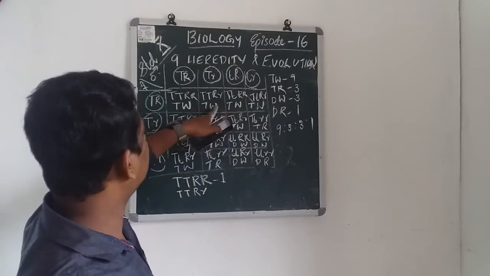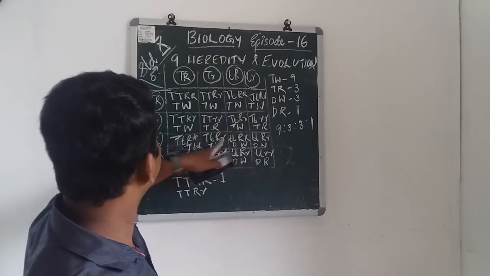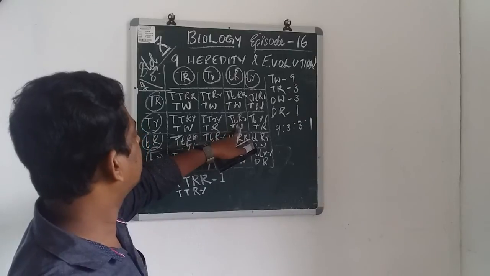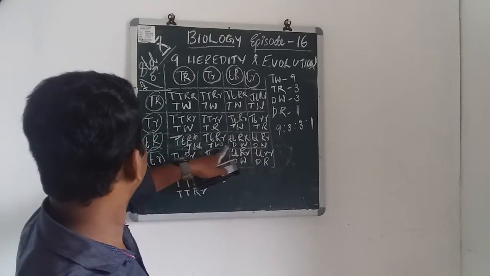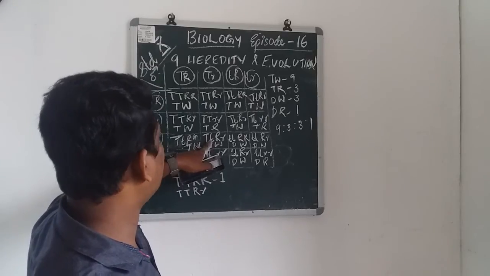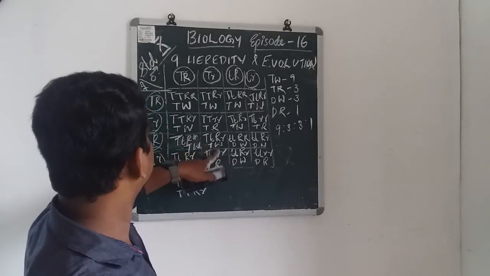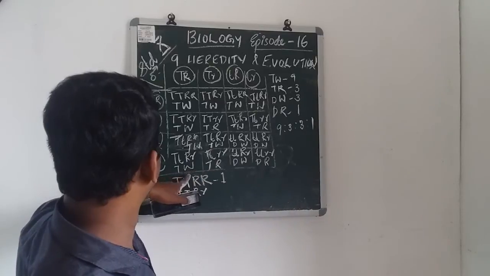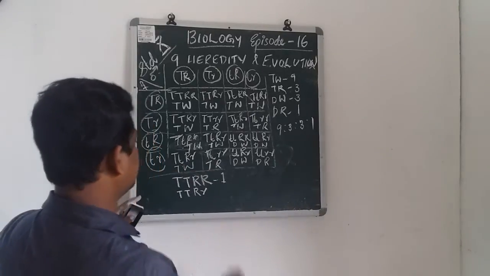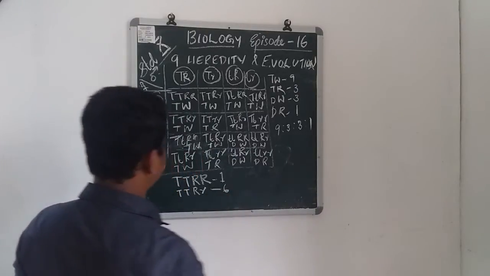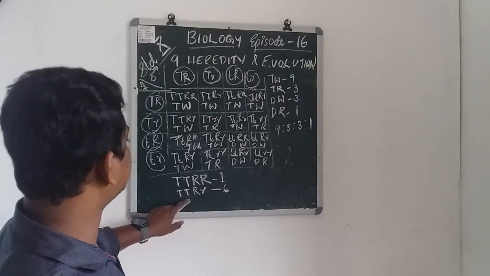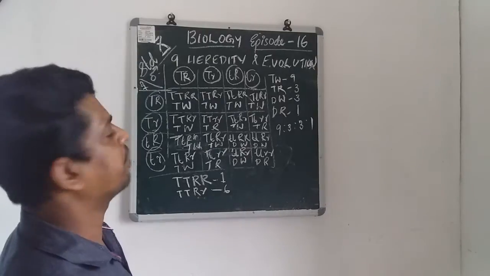How many there? 1, 2, 3, 4, 5, 6. Six there. That means capital T, capital T, capital R, small r.